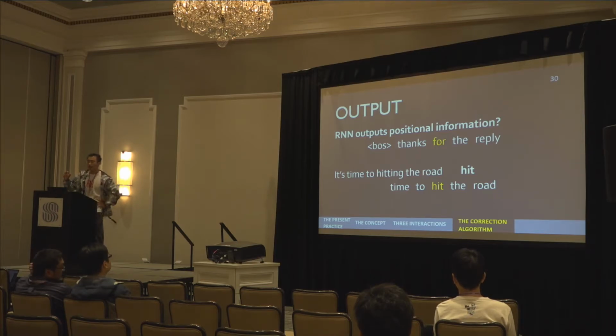And we make the correction word in the middle. By comparing the rest of the 4 words, which are always in the original text, we can know where to modify the error. For example, "it's time to hitting the road." The user typed the correction "hit," and the output will be "time to hit the road." By comparing it with the original text, you know it's to change "hitting" into "hit."